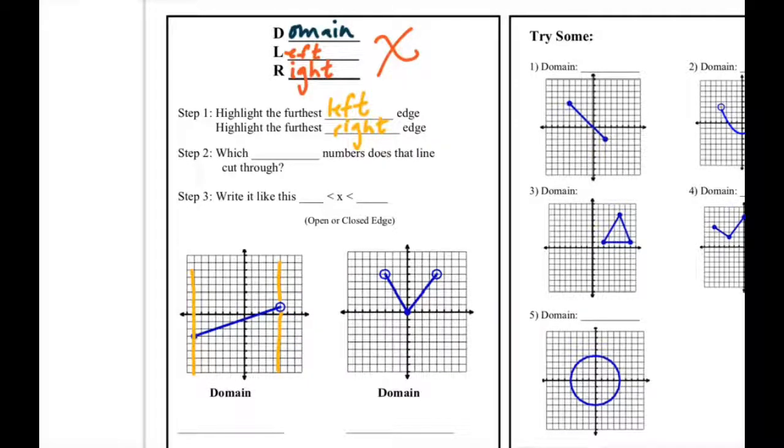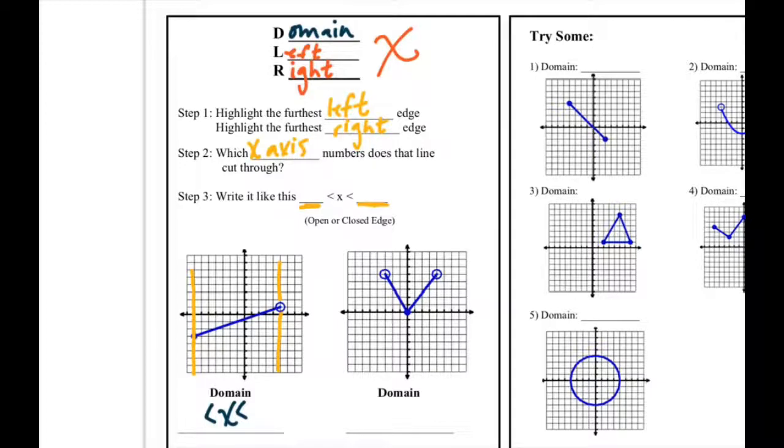Then it asks which x-axis numbers that line cuts through. We're going to write it just like it says here in step 3. All of my x's are between, and that means between in math. All of my x's live between my two borders. They live between these two edges.